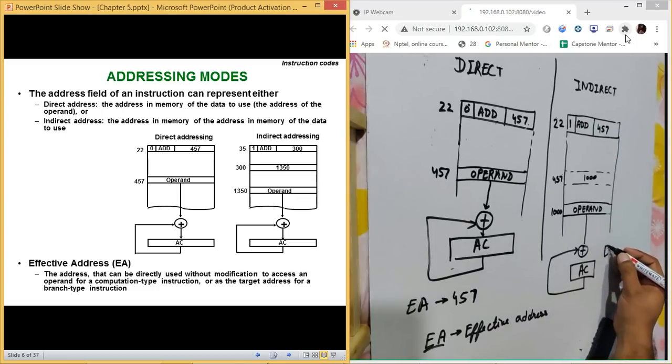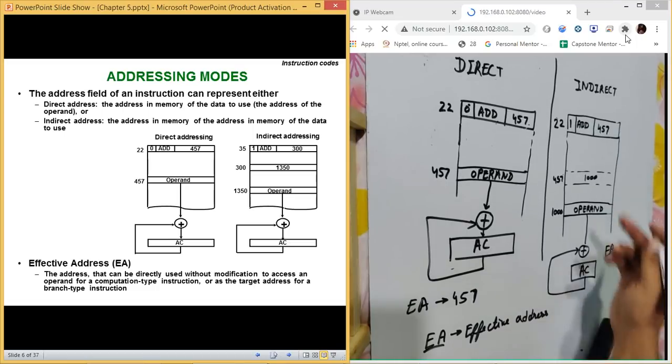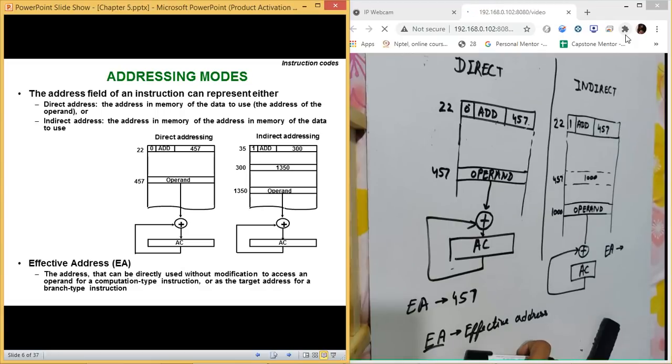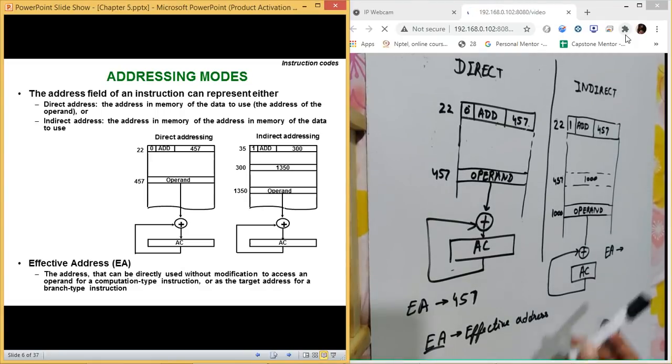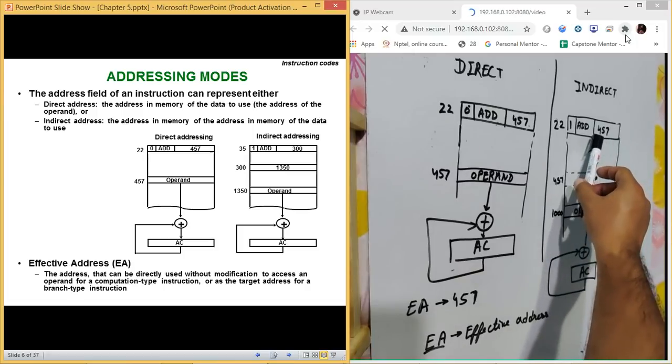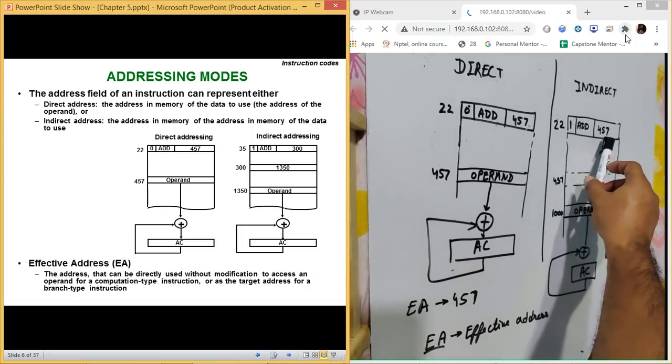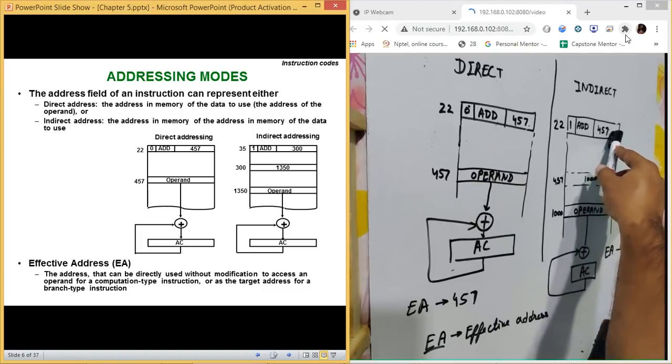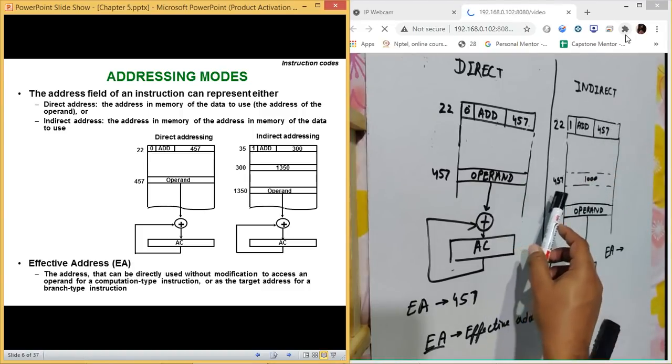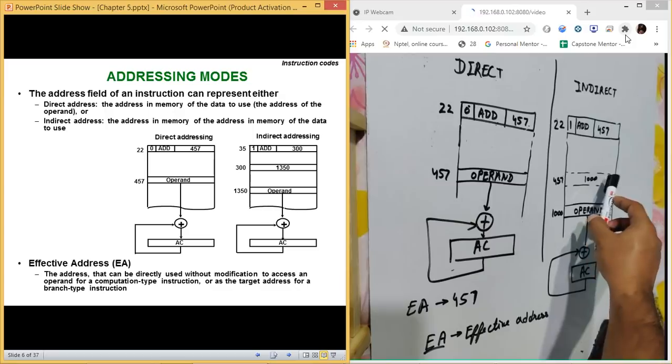But in the second case, it is indirect addressing. So in indirect addressing, the indirect address which is mentioned to me, that is 457, but my operands are not there. So where my operands are stored, that will be the effective address. Now in this case it is 1000.